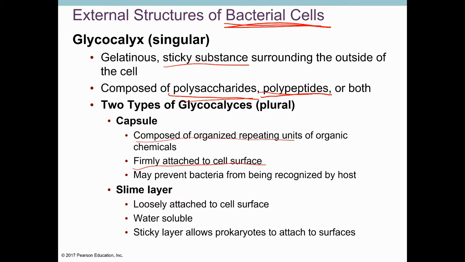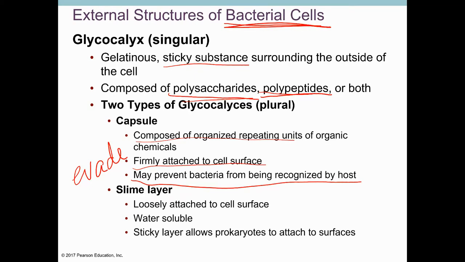And the function of the capsule is to prevent bacteria from being recognized by a host immune system and possibly prevent it from being destroyed and cleared out by the host immune system. So we know in some instances for sure, the capsule allows the bacterial cell to evade the host immune protection. Evade is similar to avoid.